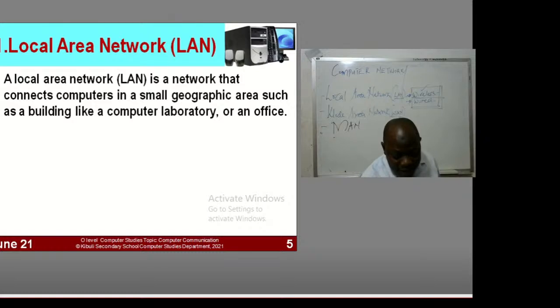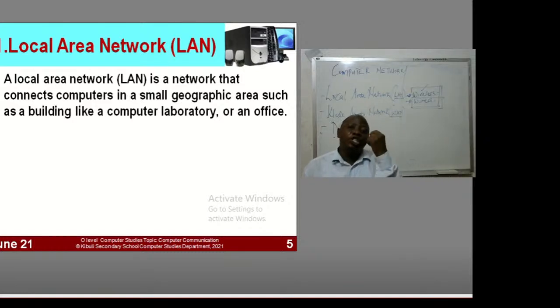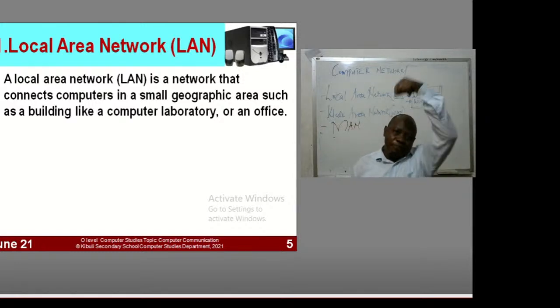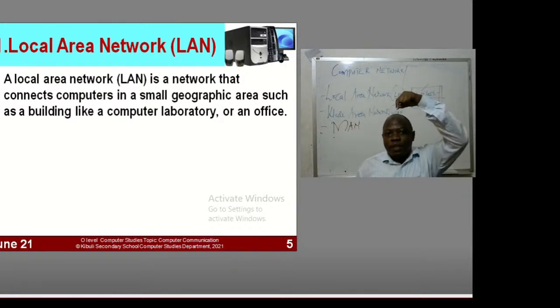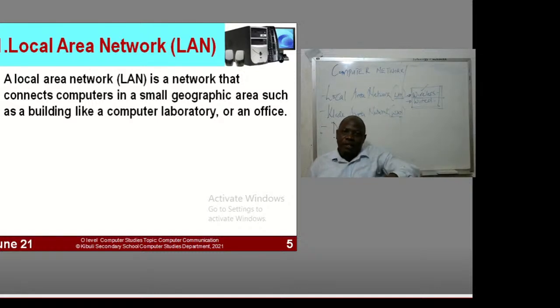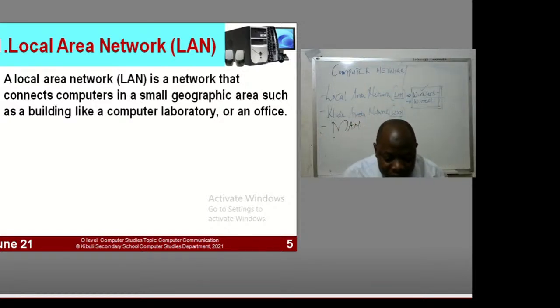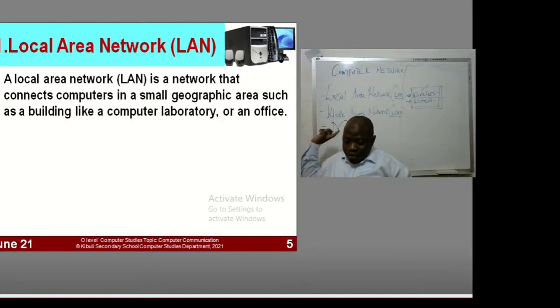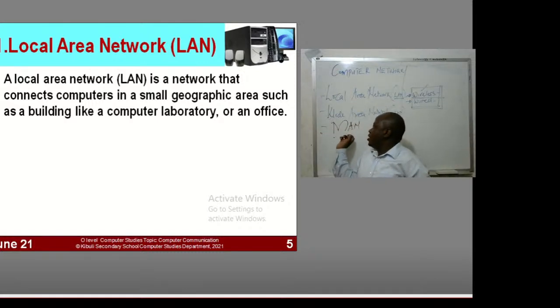Remember, they give us numbers. On the number there is a chip inside, and that chip is captured by the computer. Whenever you pass the start point, it captures that you have started. Then when you go around and come back again, it captures that you have finished the race. So we are looking at networks.